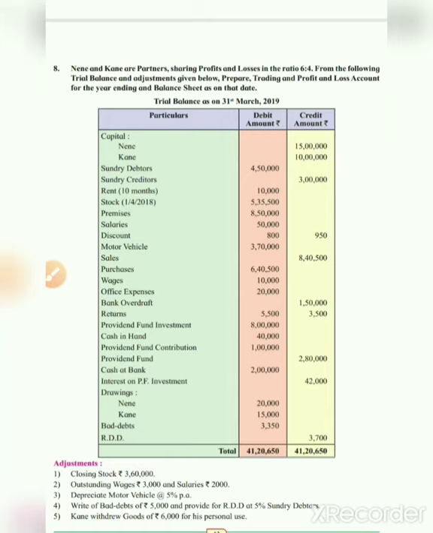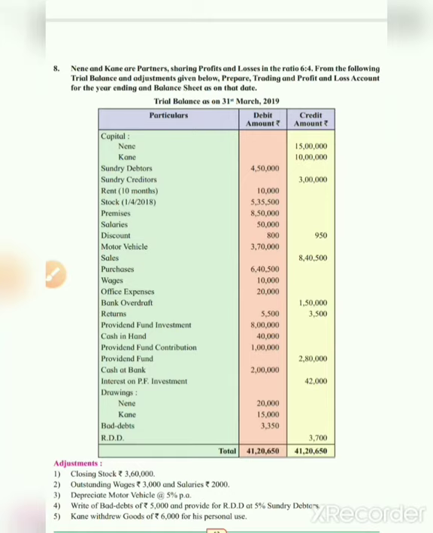Kane withdrew goods of rupees 6,000 for his personal use. See, our second partner has withdrawn some goods from business. Earlier his drawings were given to us in cash in trial balance by rupees 15,000. Now he has withdrawn the goods of rupees 6,000.